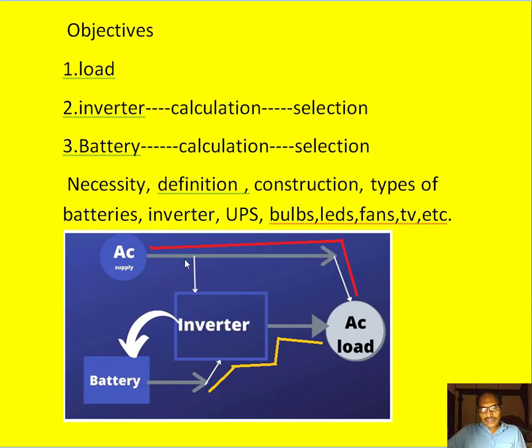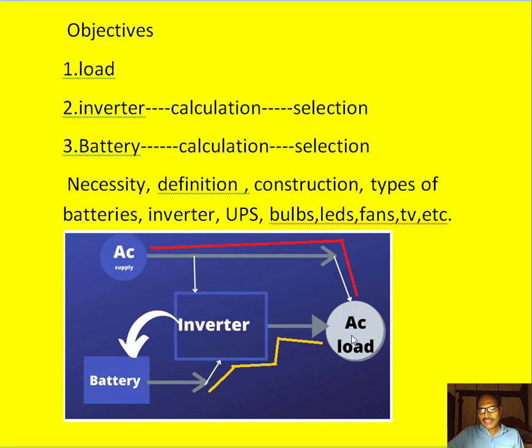When the AC supply is suddenly interrupted, the battery output, which is DC, will be connected as input to the inverter, and the inverter converts this DC input into AC output, and that AC output is connected to the AC load so that those loads can run even when there is no supply available.